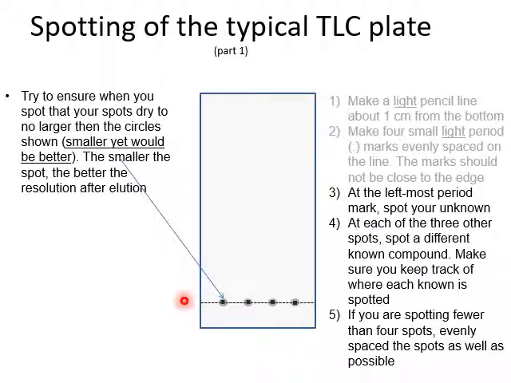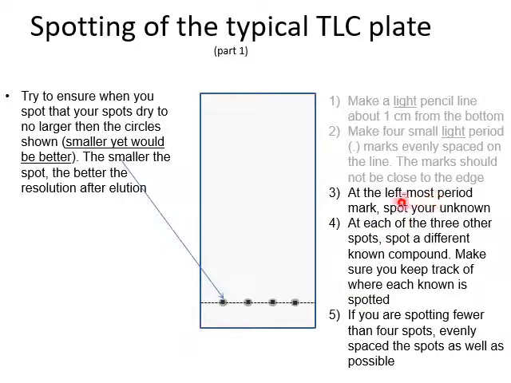It's like a quick tap, gentle but still a quick tap. The smaller the spot, the better the resolution after elution. As I said, also with the preparation of your mixture. But if your spot is too big, there'll be lines dragging, and you don't want that. You want clear, concise spots throughout the chromatography experiment.